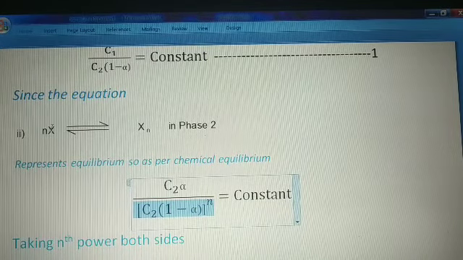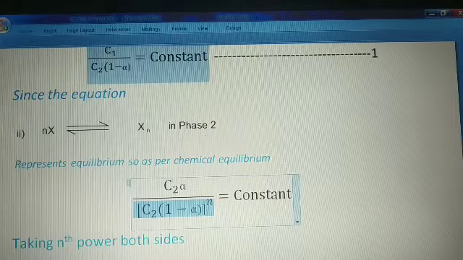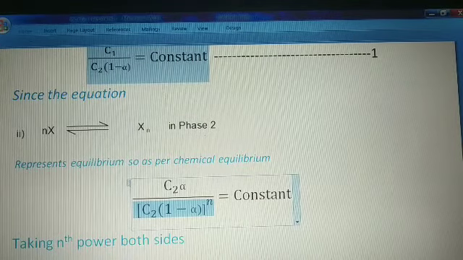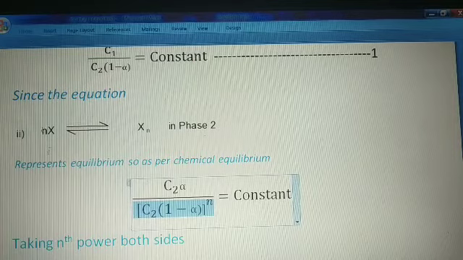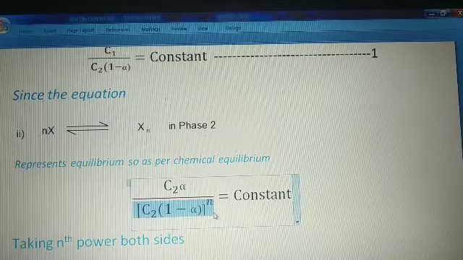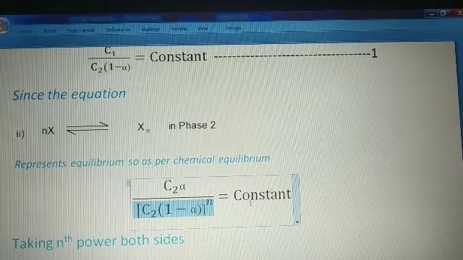The reactant is X, which is unassociated, so C2 into 1 minus alpha, raised to the power n, the number of moles. This is equal to the equilibrium constant, so I am writing it simply as a constant.